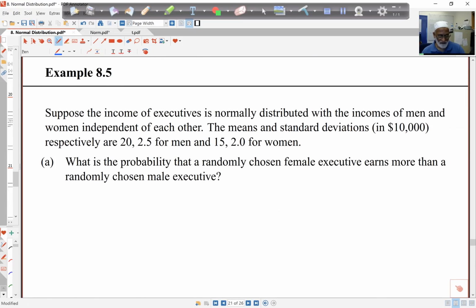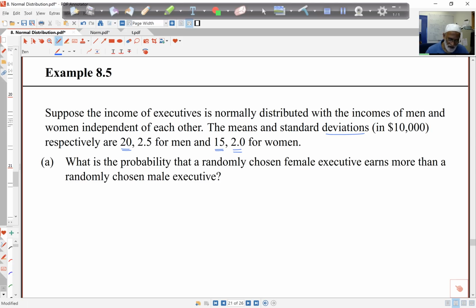Example over here. Suppose the income of executives is normally distributed with incomes of men and women independent of each other, and the means and standard deviations are in tens of thousands of dollars. For men the mean is 20, which makes that 200,000, and the standard deviation here is 2.5, that makes it 25,000. For women the mean is 15, which is 150,000, and then here 20,000.